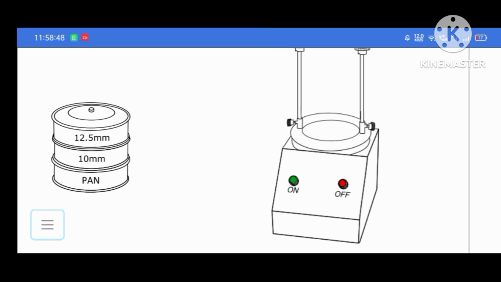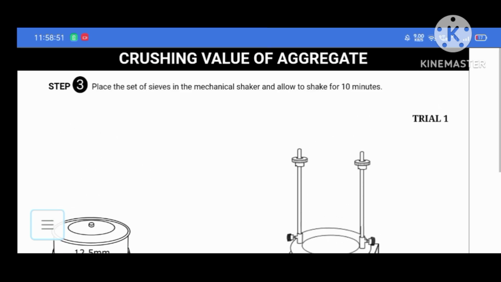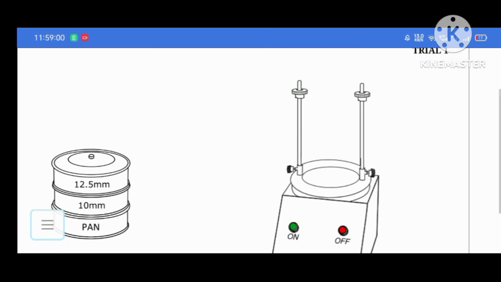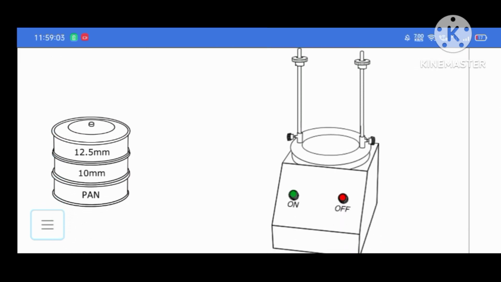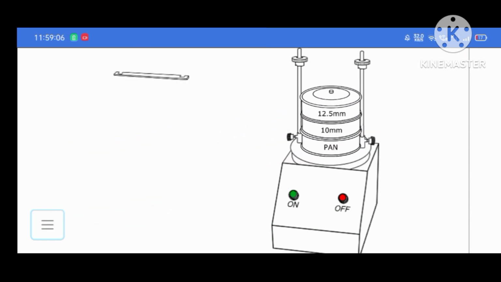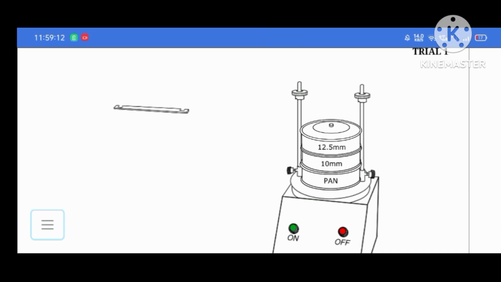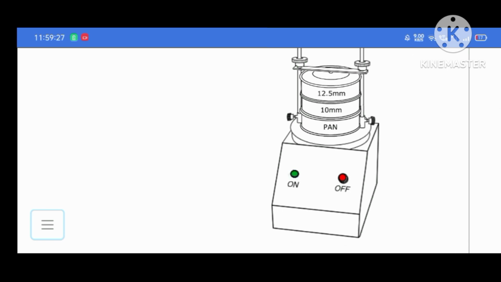We have the mechanical shaker. Place the set of sieves in the mechanical shaker and allow it to shake for 10 minutes. If we put the sieves over here and shake them in this way, there may be chances of the pan falling, so we should tie it with a steel plate and then tie it with a knot on the shaker.